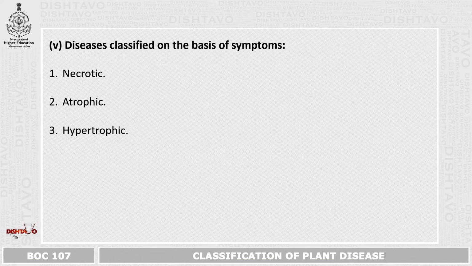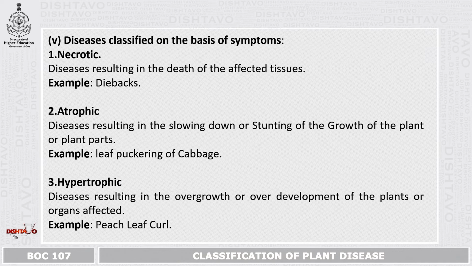Fifth classification is diseases classified on the basis of symptoms. On the basis of symptoms, we classify the diseases into three types. First is necrotic, second hypotrophic, and third is hypertrophic. Necrotic is a disease resulting in the death of affected tissues. Example is dieback disease. Then second is hypotrophic disease, diseases resulting in the slowing down or stunting of the growth of the plant parts.